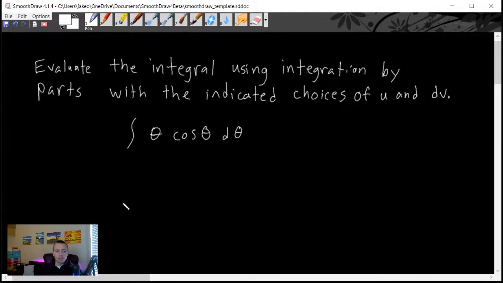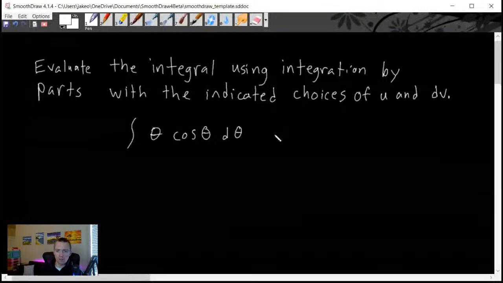But let's go ahead and start with this problem here. We're going to evaluate this integral using integration by parts with the indicated choices of u and dv. In the textbook where this example came from, it gives the integral we're going to be solving: theta times cosine theta d theta.